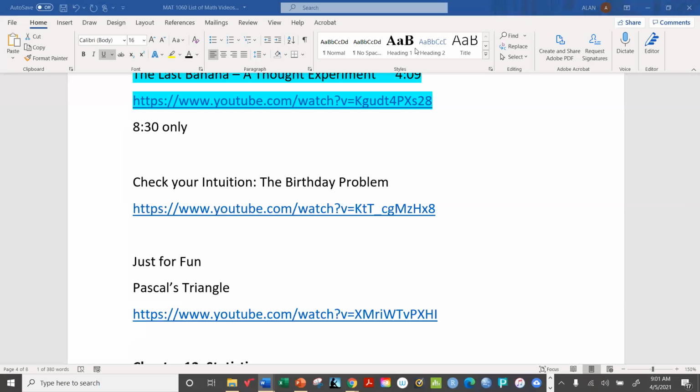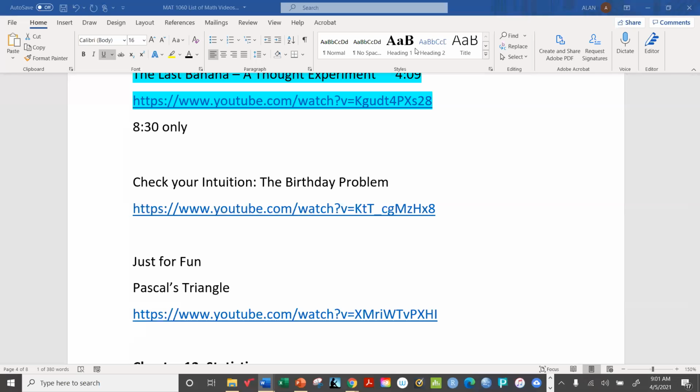Instead of figuring out the probability that two people have the same birthday, they made it easier by figuring out the probability that two people do not have the same birthday and subtracting that from 100%, because of course, those are the only two possibilities. Either two people do or they do not have the same birthday. And so sometimes we can simplify problems by approaching them from a different direction.